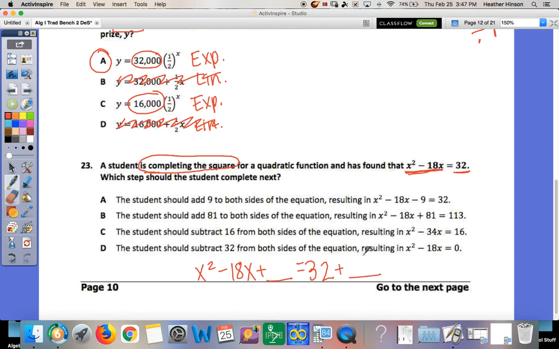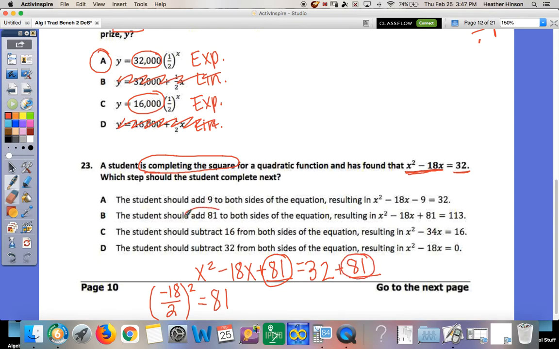How do we find that perfect square root? We take our middle number, we divide it by 2, and we square. Negative 18 divided by 2 is negative 9. Negative 9 squared is 81. So your next step would be to complete the square, to find that perfect square, and then put it on both sides.